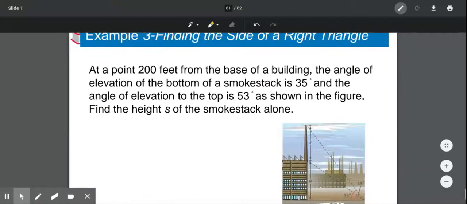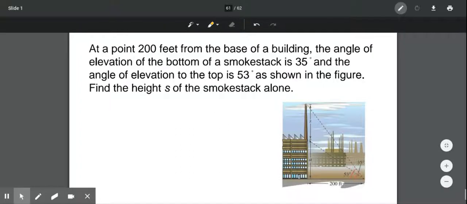In the next one we have this picture, and it says we have a point 200 feet from the base of a building, and the angle of elevation from the bottom of the smokestack is 35 degrees. So the smaller angle is 35, and the larger angle, this whole thing right here, is 53, right?